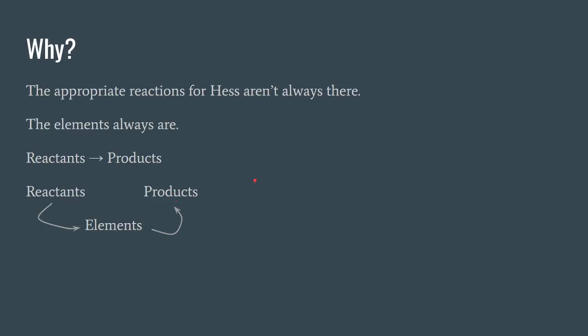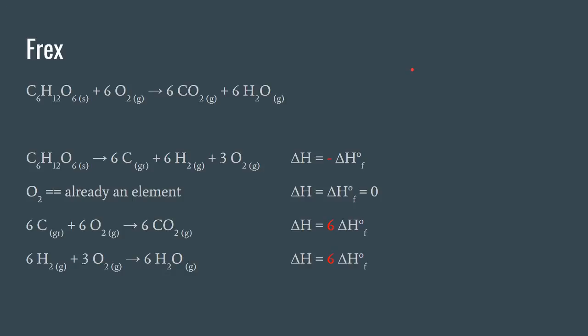How does this work? For example, sugar plus oxygen makes CO2 and H2O. We pretend that we break all of our reactants down into their elements. So, for example, sugar broken down into carbon, hydrogen, and oxygen. Oxygen is already an element.